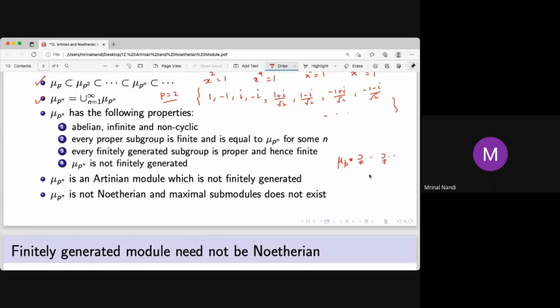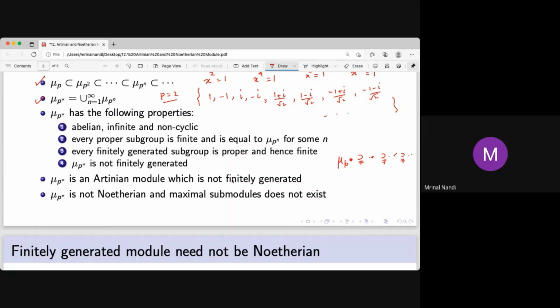It must become equal after some stage. It can't keep getting smaller because the first one may be infinite, but the next ones are all finite submodules. So the condition holds, but it is not finitely generated. So this is an example, a counterexample.